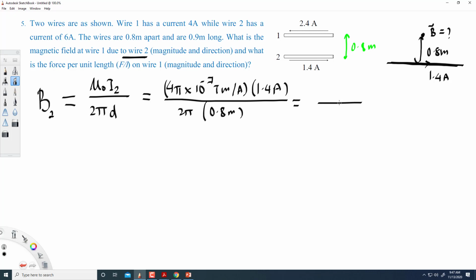So can you guys find out 4 times 3.14 times 10 to the negative 7 times 1.4 divided by 2, divided by 0.8?